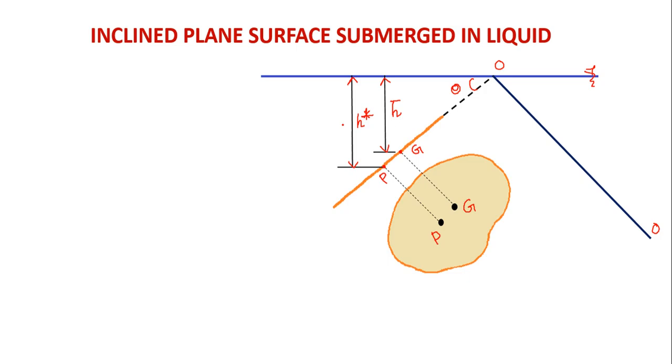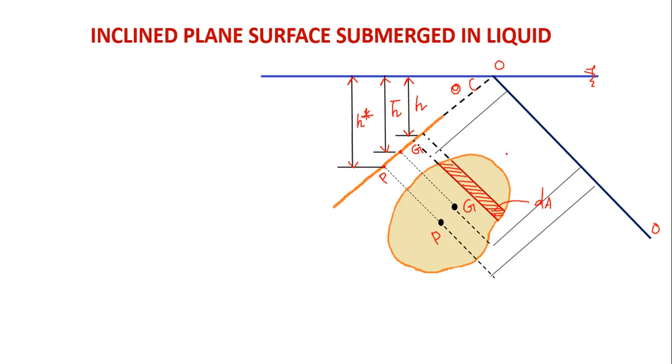Now we consider a very small strip of area parallel to the OO axis, and let dA be the area of this small strip, located at a distance h from the free surface. Now we take the corresponding measurements from the OO axis to the plane surface.